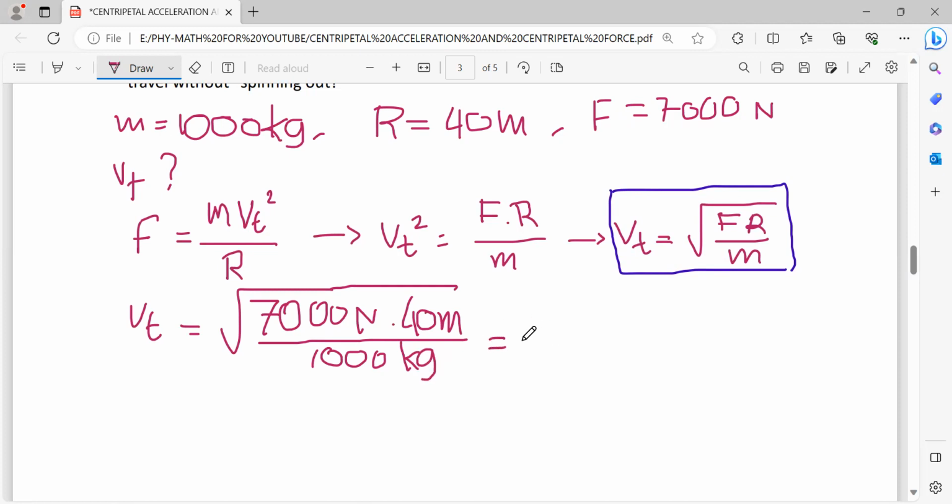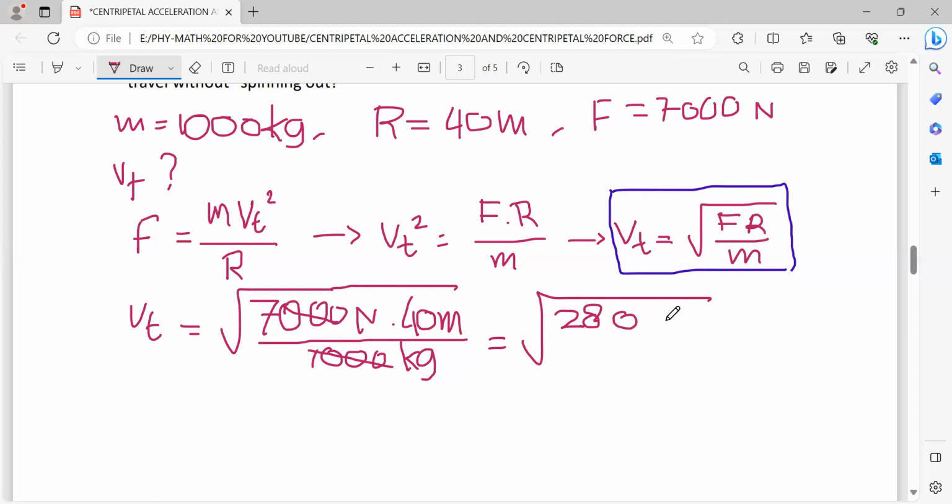It becomes 7,000 divided by 1,000 equals 7. So 7 times 40 equals 280. 280 divided by 1 is 280.